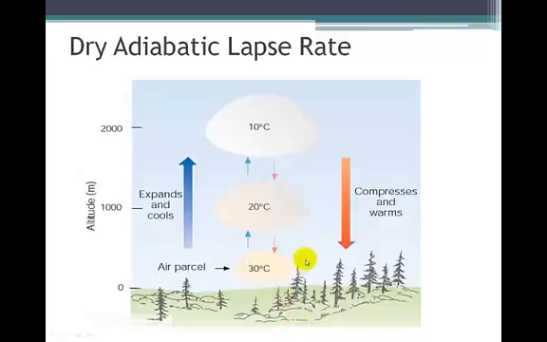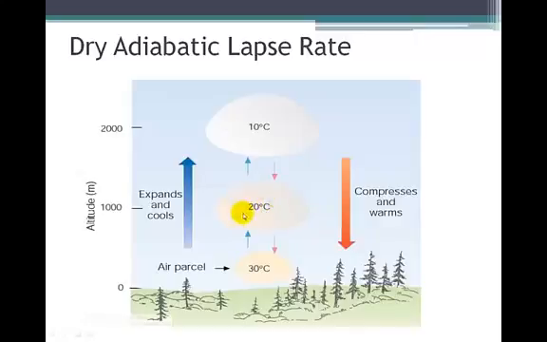So if we start off with an air parcel that's forced to rise for some reason, it's going to expand as it rises because it encounters less atmospheric pressure the higher up it goes in the atmosphere. And expansion is a cooling process. And the cooling rate was about minus 10 degrees Celsius per kilometer, per 1,000 meters.